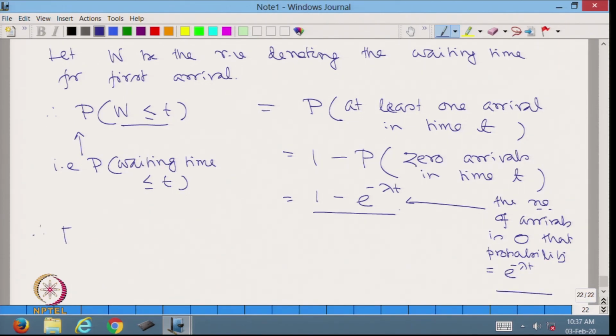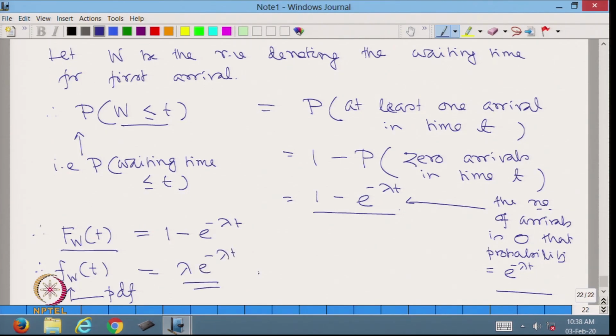Therefore, F_W(t), the cumulative distribution function, is equal to 1 minus e to the power minus lambda t. Therefore, f_W(t), that is the PDF, is equal to lambda e to the power minus lambda t, that is, exponential with lambda.